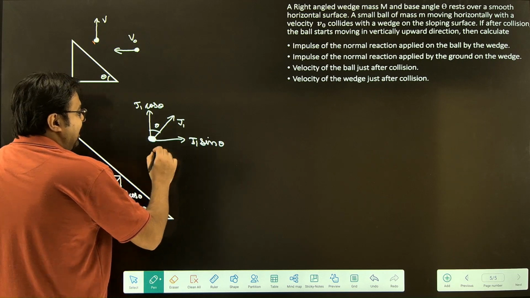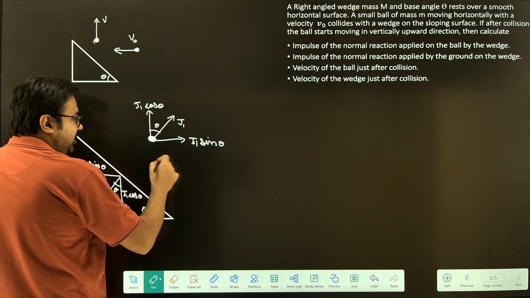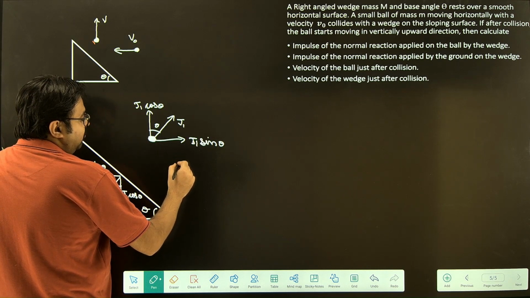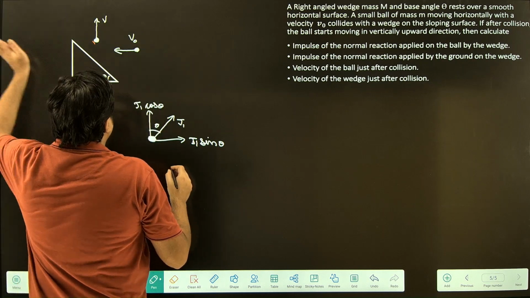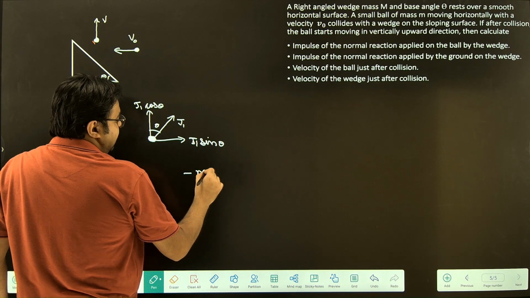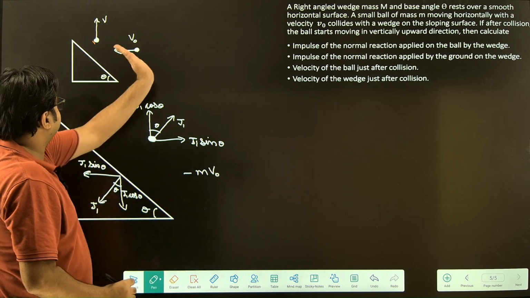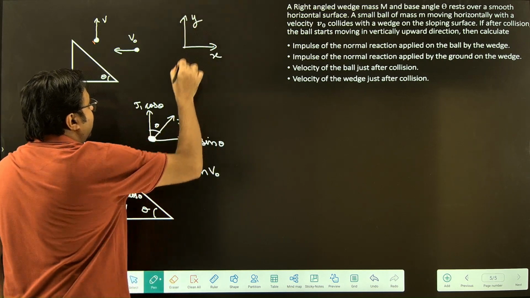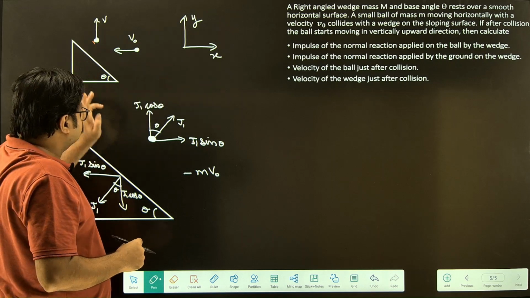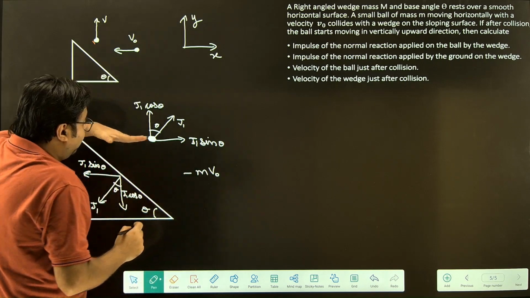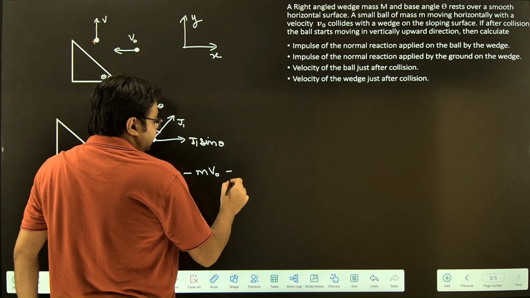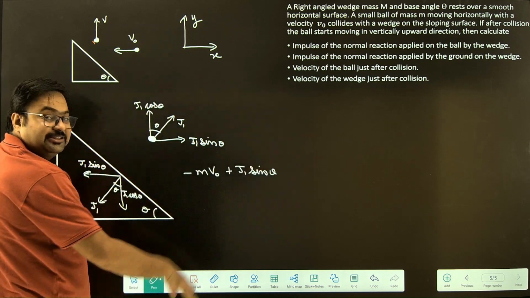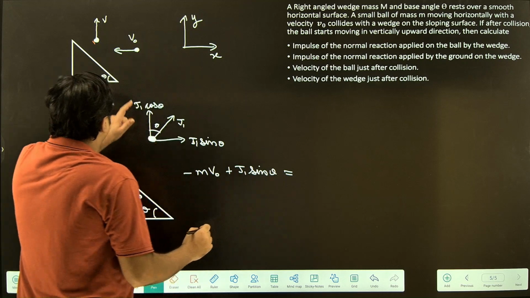Having explained that, let's write down the equations for what we just said. For the x-axis, the ball was initially moving along the negative x direction, let's say. So that's minus m v naught. We will assume that this is the x-axis and that's the y-axis. So the ball was moving along negative x, and then it received an impulse in the positive x direction. So I shall call this plus J1 sine theta. J1 sine theta is in the positive x direction, and then it stopped moving along the horizontal.